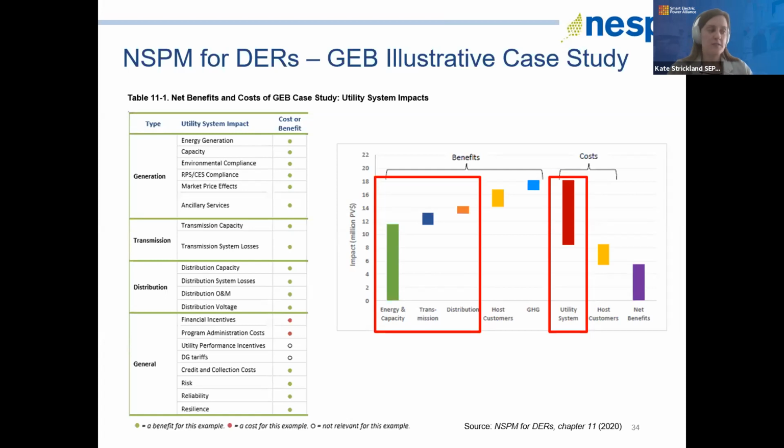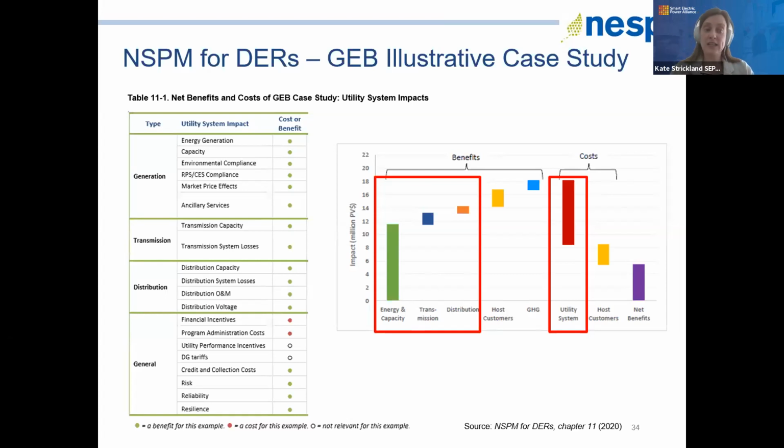Next, in terms of transmission, which is that blue bar, we're seeing transmission benefits accrue due to the GEB's combined DERs reducing delivery of central generation to customers. For instance, the distributed PV is helping meet on-site customer load. And then the orange bar, distribution, is also showing net benefits for distribution impacts accruing.